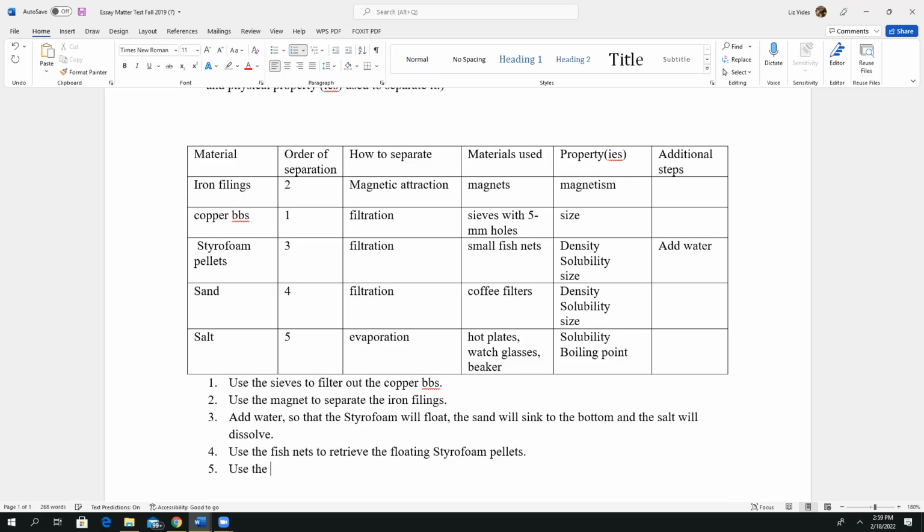Use the coffee filter, or you can just say pass the water, it doesn't matter.